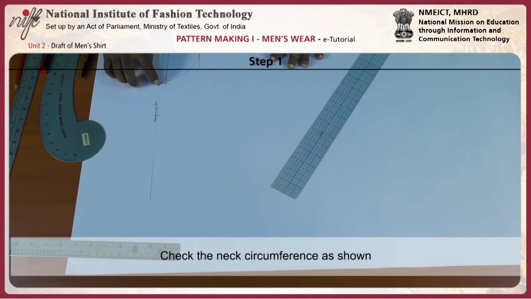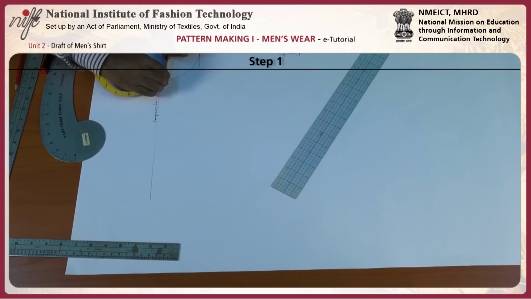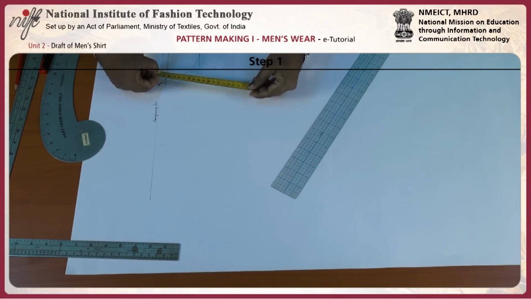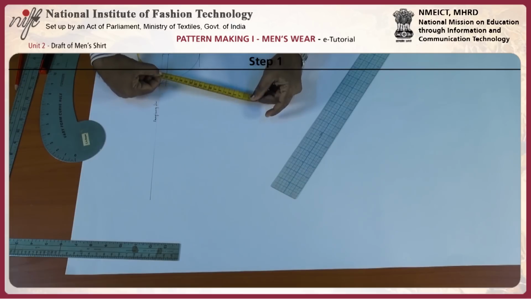You can check the curve line, which is equivalent to half neck circumference, by placing the measuring tape here, shifting that measurement here and taking the reading, which is exactly half neck circumference, 19.5 centimeter.